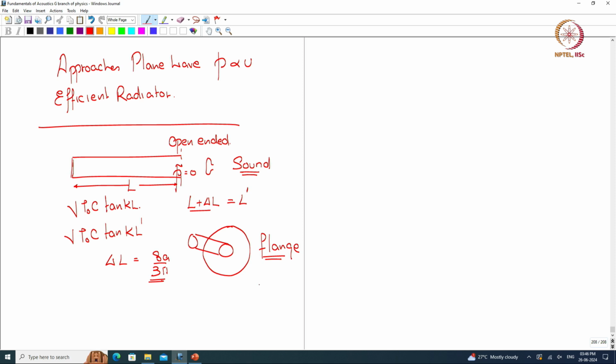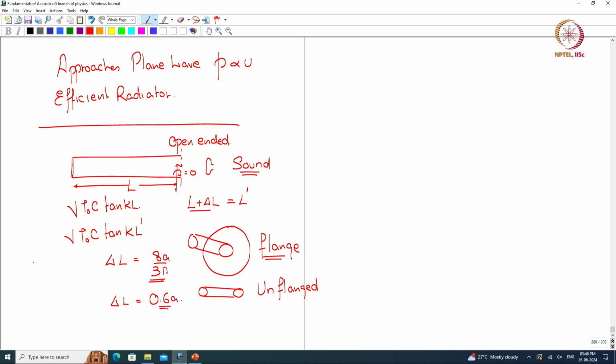Whereas if it is unflanged, the pipe just ends, the correction is approximately 0.6 of A. Okay.